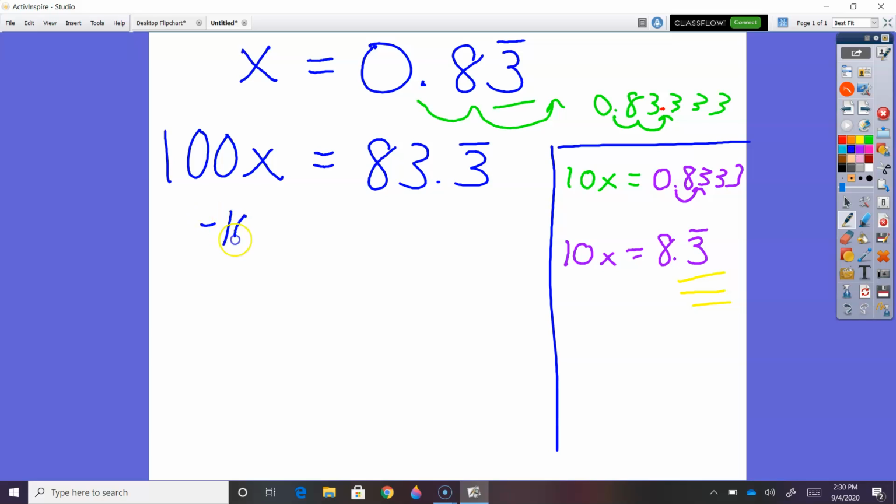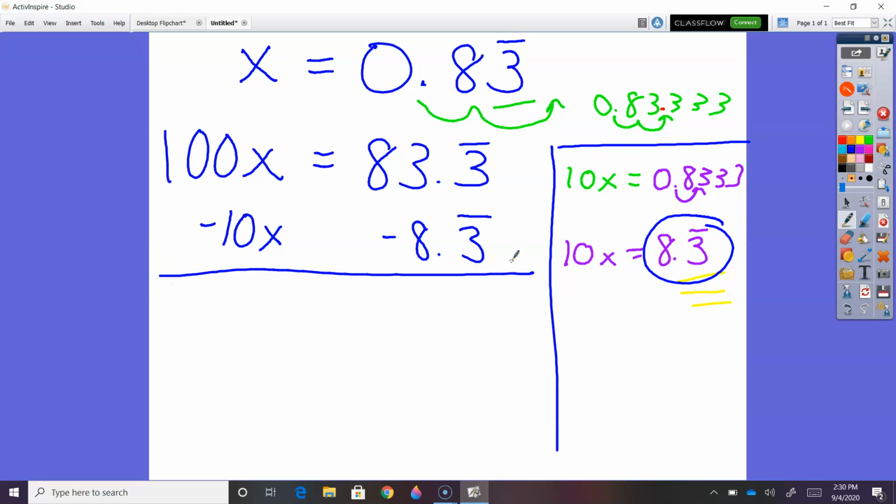So I'm going to subtract 10x from both sides. 10x is 8.3 repeating, so I'm going to subtract 8.3 repeating. 100x minus 10x gives me 90x.